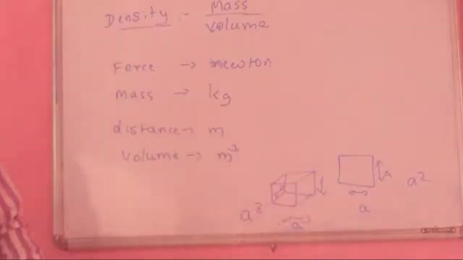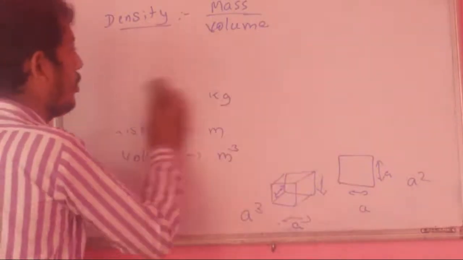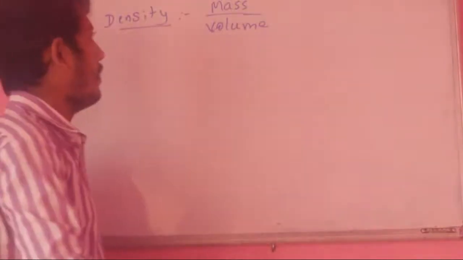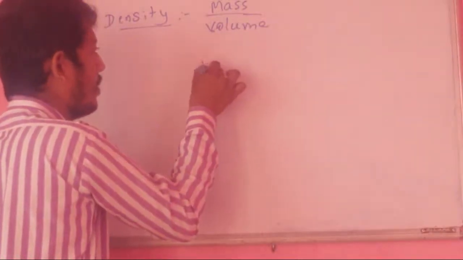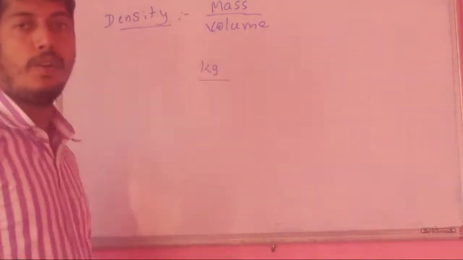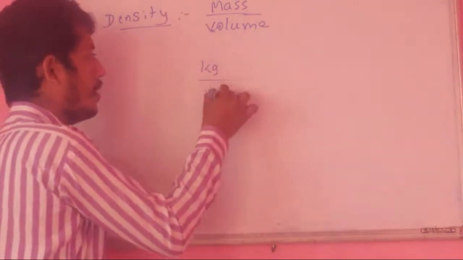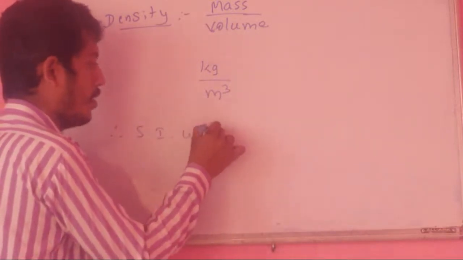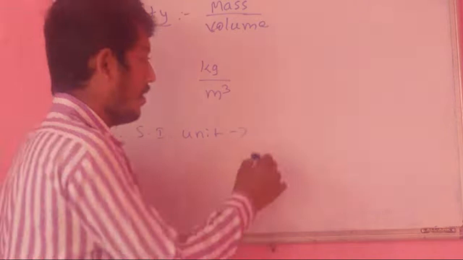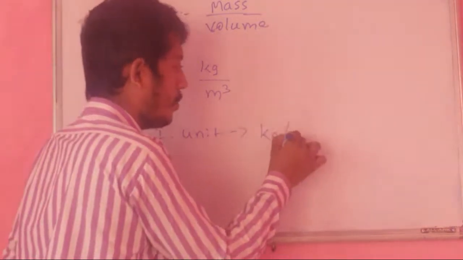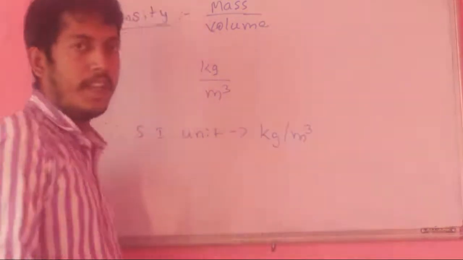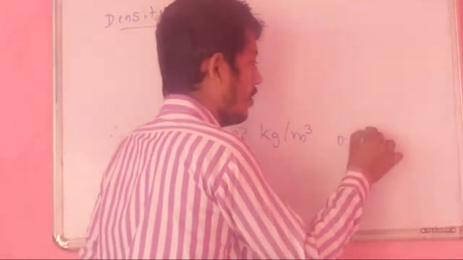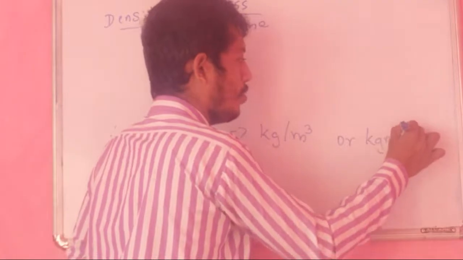When we come to the SI unit of density, the SI unit of mass is kg, divided by the SI unit of volume, meter cube. Therefore the SI unit of density is kg per meter cube, or kg m raised to minus 3.